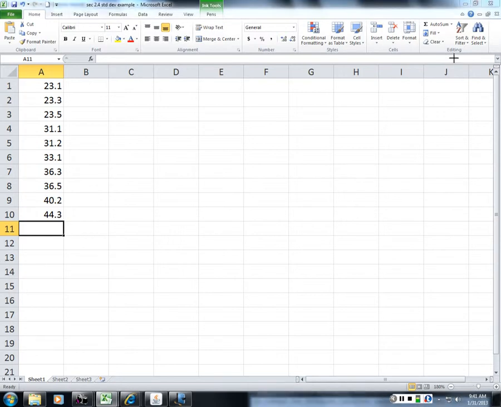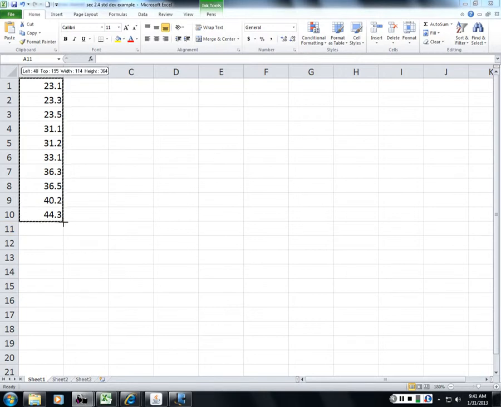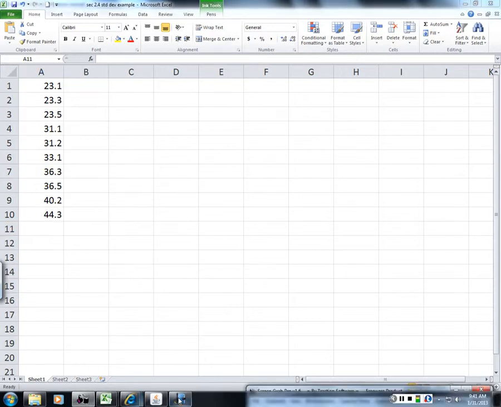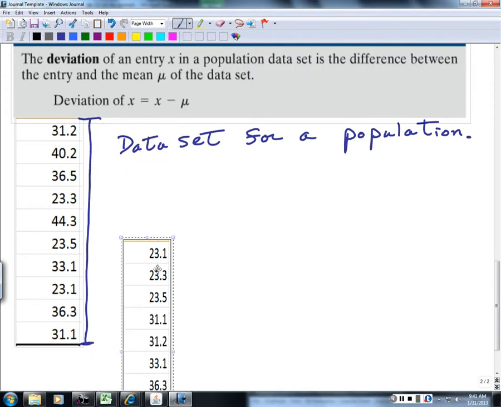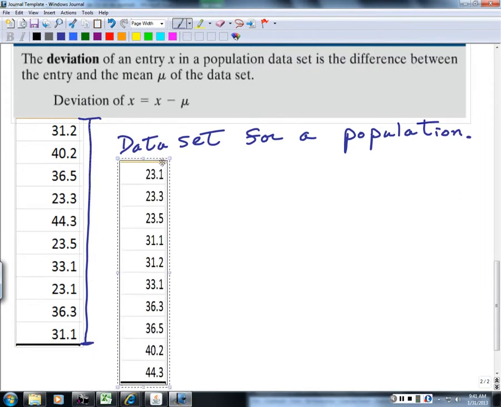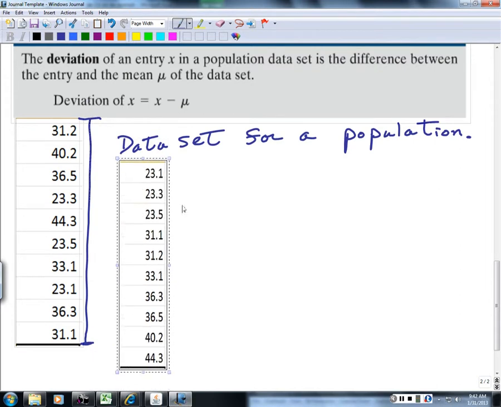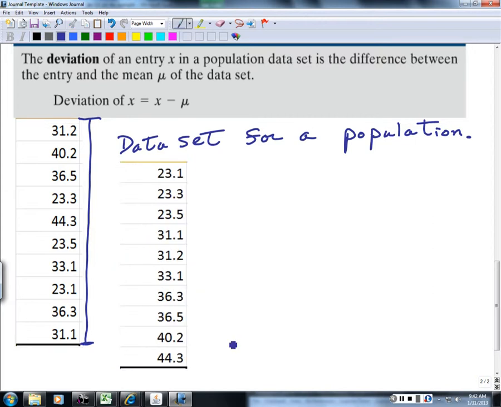So now that I've rearranged my data set from least to greatest, I'm going to go ahead and look at that. So this thing has been sorted. It's now sorted. And then what I need is the mean in order to find any sort of deviation. So let's find the mean.